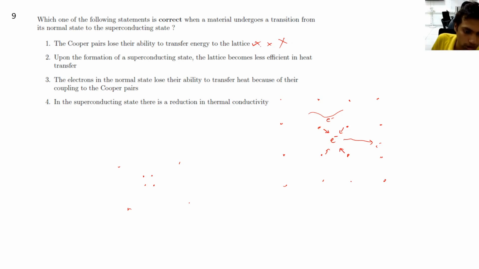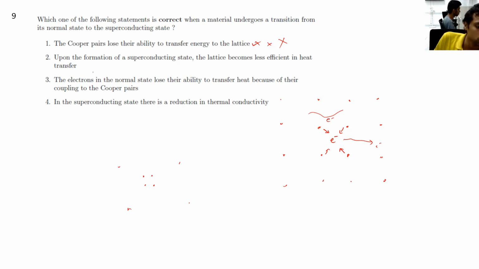Upon the formation of a superconducting state, the lattice becomes less efficient in heat transfer. Heat transfer occurs through the phonon modes.